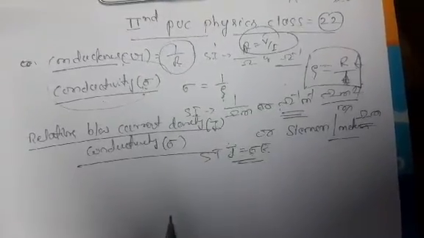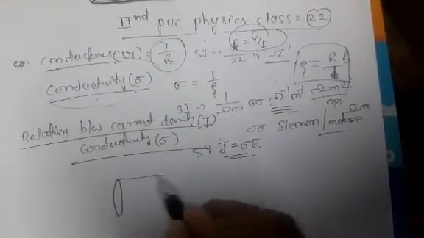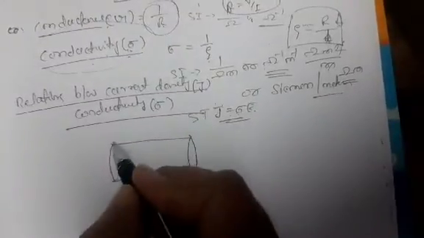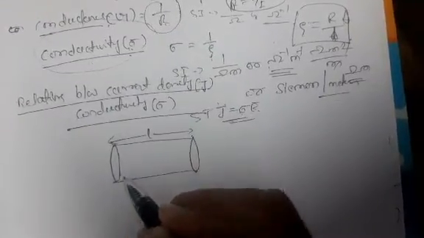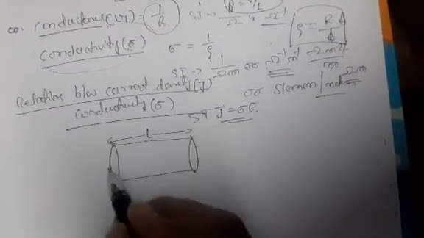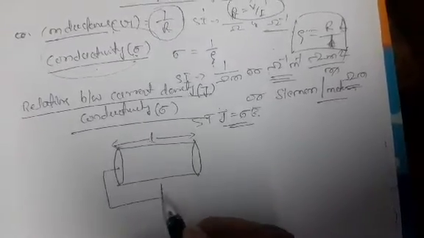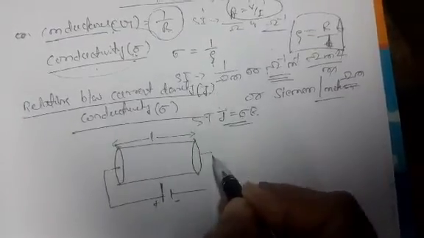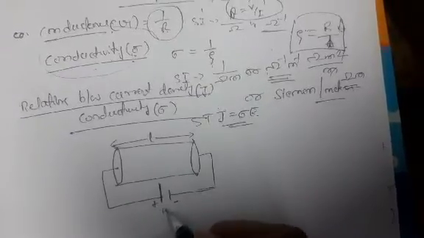How to derive? First, draw one conductor. The total length of the conductor is taken as small l. The conductor has two ends. One end is connected to the positive of the battery, the other end to the negative of the battery. The battery gives the potential difference.